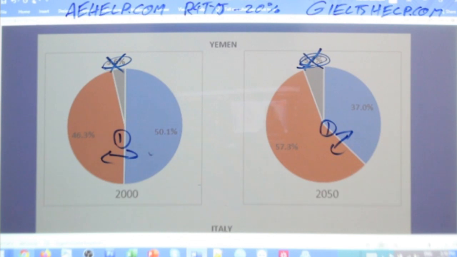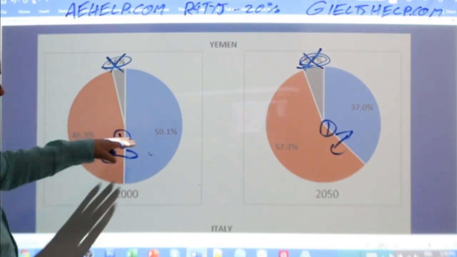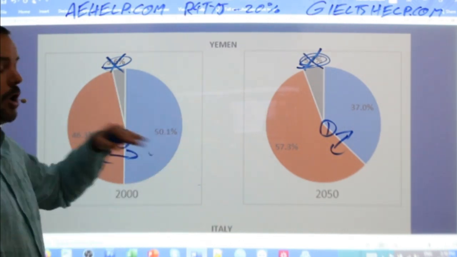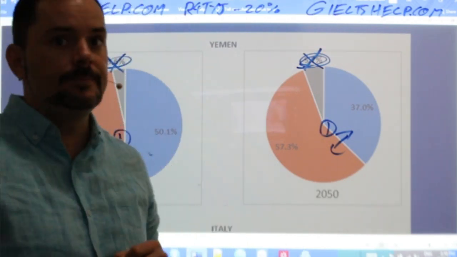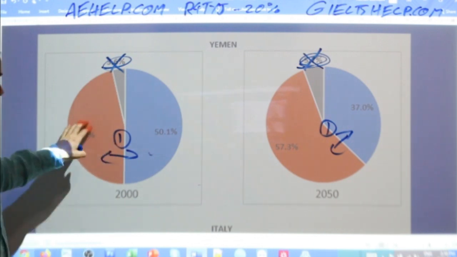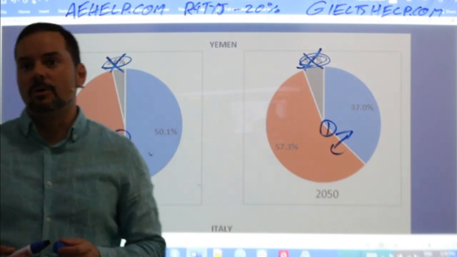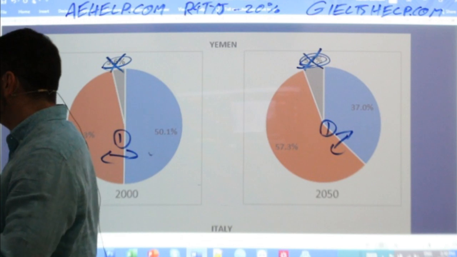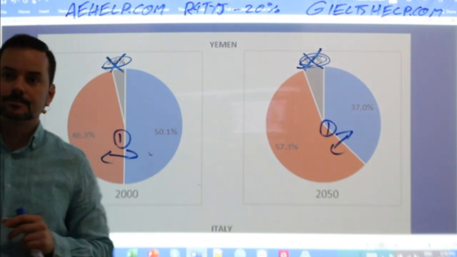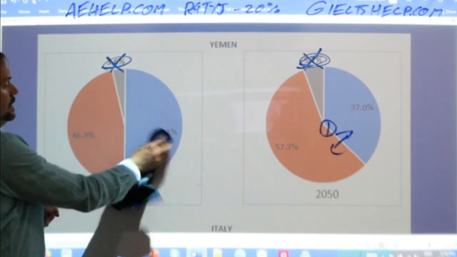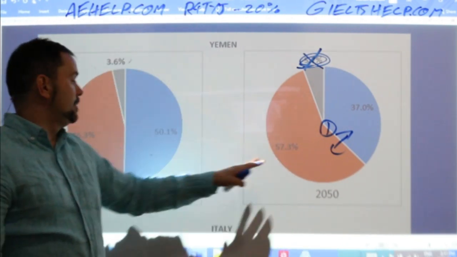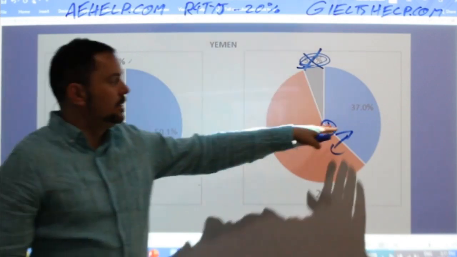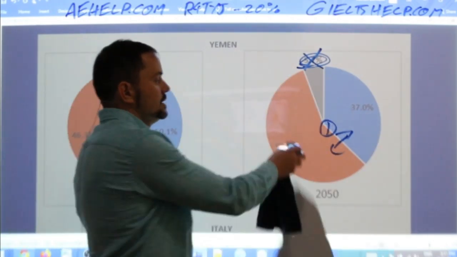Pay attention, make sure that it doesn't sound like you're writing about a line graph, okay? No continuity, so nothing that seems like it's continuous change, okay? So go ahead and write this difference. This point number 1, I'm going to do the same. All right. So 46.3, 57.3, 50.1, 37.0.